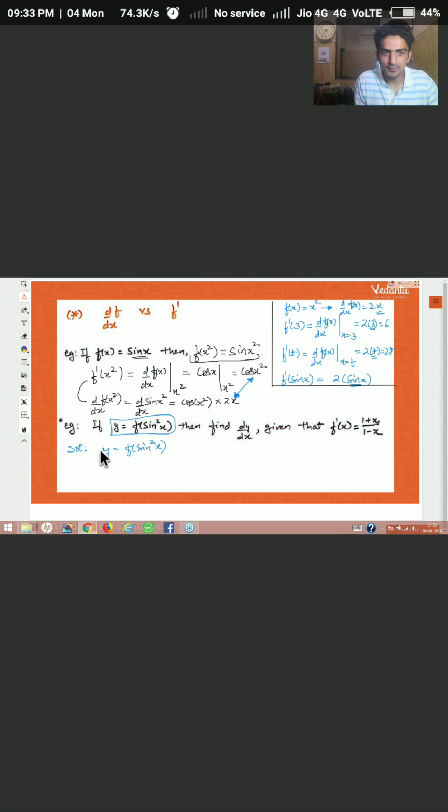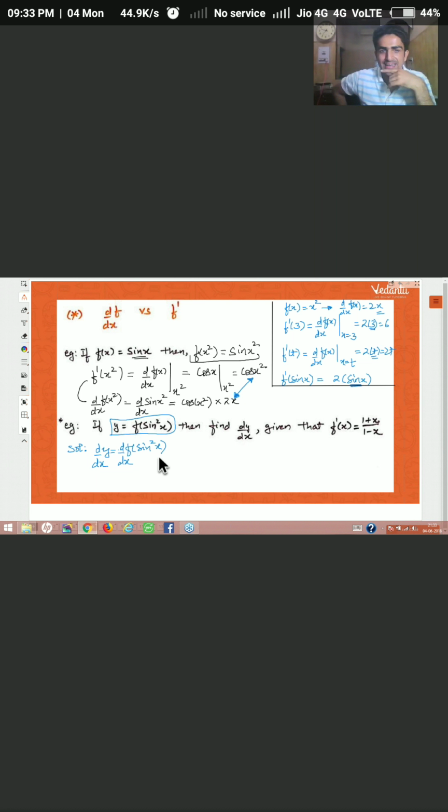You want to find dy by dx. So differentiating both sides with respect to x. Now the issue is, how should I find dy by dx of f of sine square x? That is the issue.